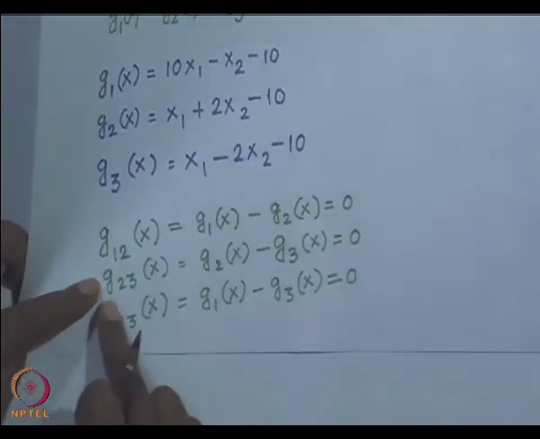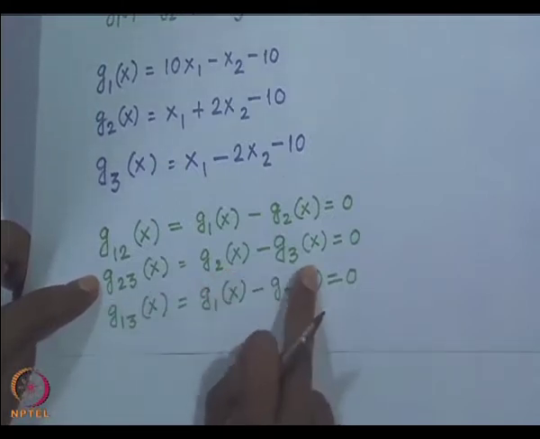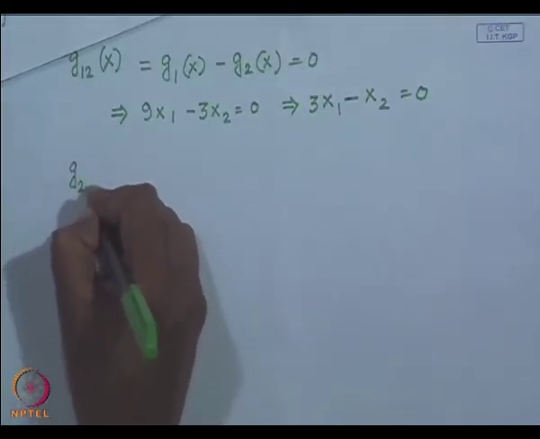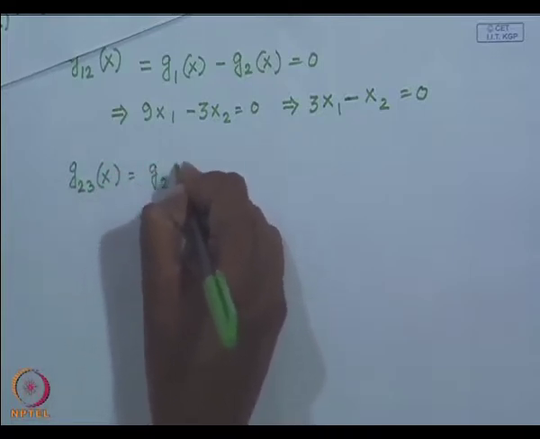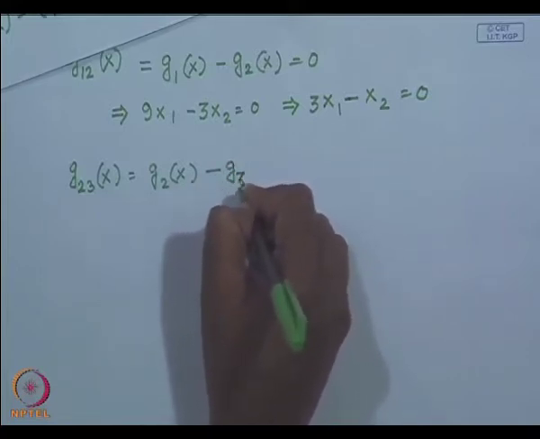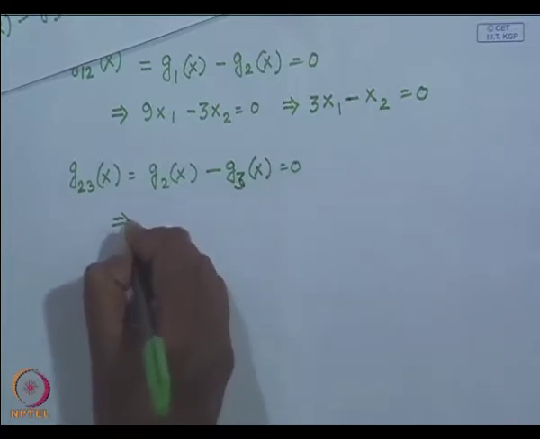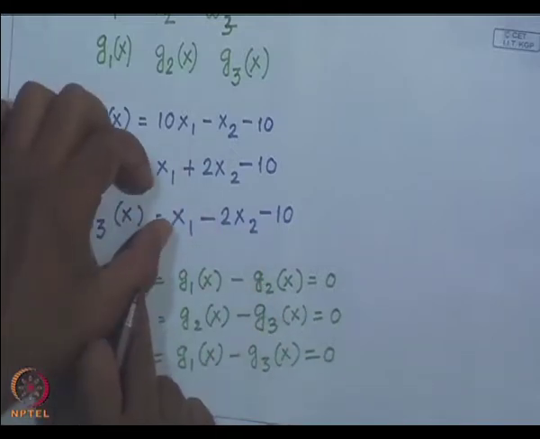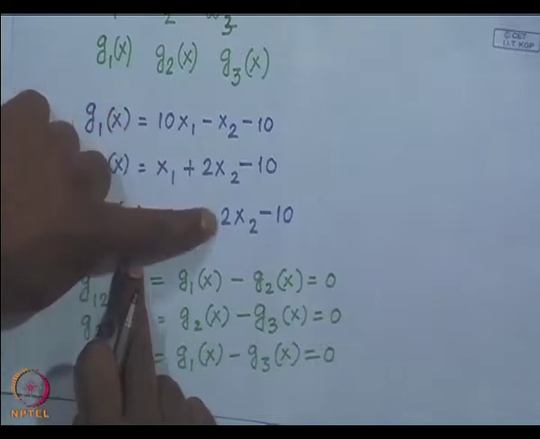Similarly, when I compute g23x, which is nothing but g2x minus g3x, you find that the x1 term gets cancelled and it simply becomes 4x2 is equal to 0.